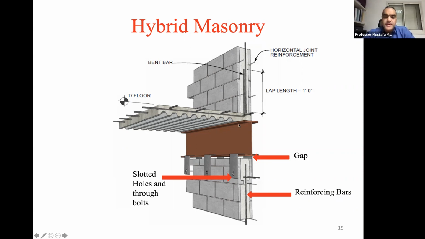So the wall is typically the main element that we have, and it could serve different purposes. It could be load bearing, could be non-load bearing, but it has to resist some lateral loads. And here we have a gap between the bottom of the beam and the masonry wall. This is to allow for the deflections that are coming from the slab on the steel beam.